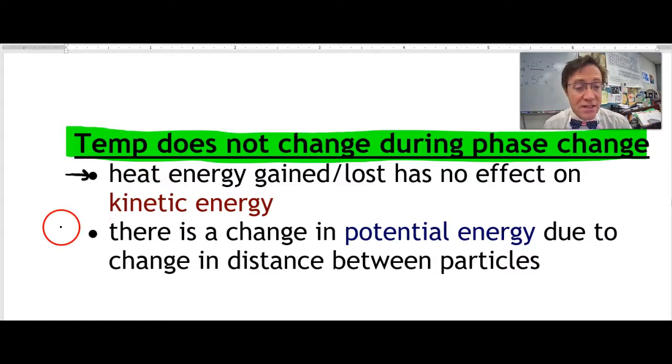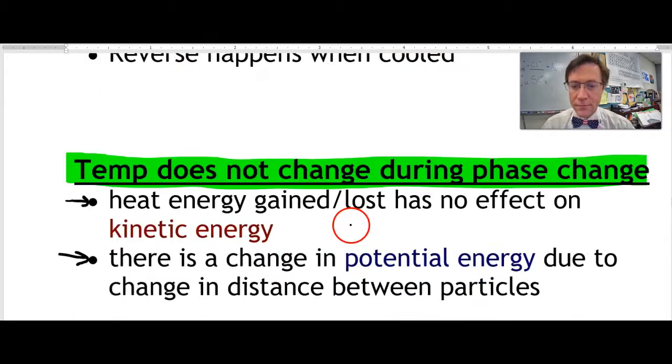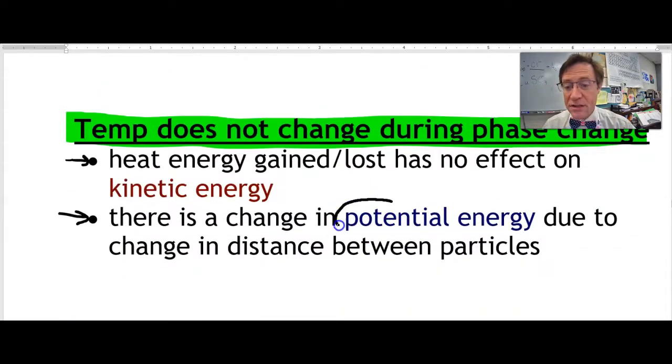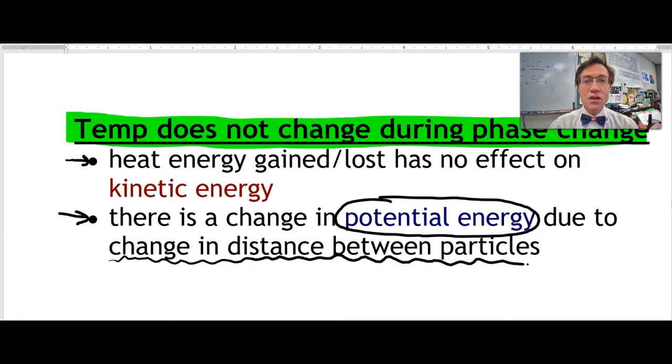Instead, there is a change in the potential energy of those particles because of a change in the distance between the particles. So during phase change, the energy that you're adding is not going to make the particles move faster. It's going to make the particles further and further apart. I hope that makes sense.